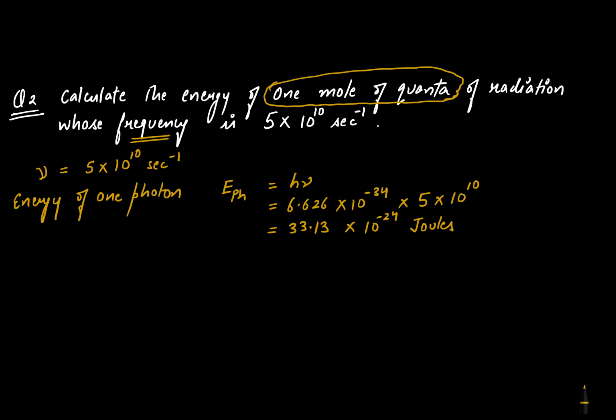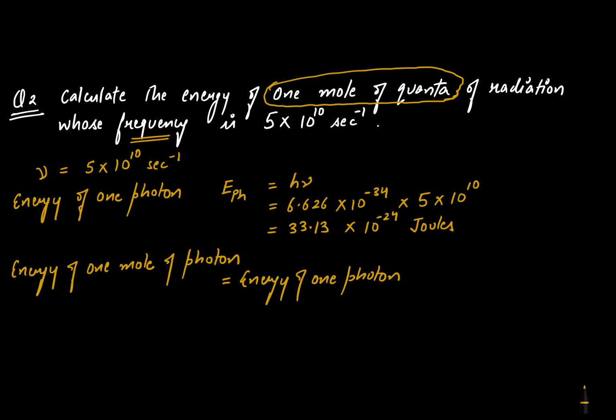That's the Avogadro constant. So the energy of 1 mole of photons or quanta, which is the same thing, will be the energy of 1 photon into the Avogadro constant, 6.022 into 10 to the power 23.